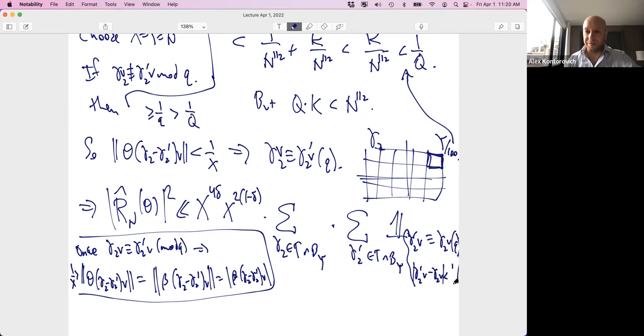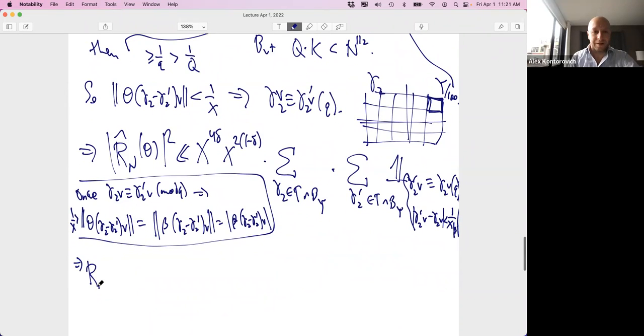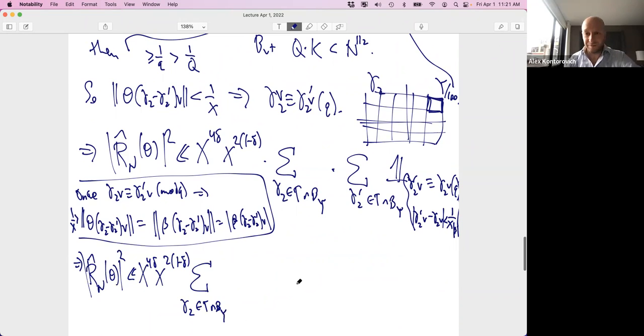1 over x times beta. Sorry, that's hard to read. Let me rewrite it again here. R n hat theta squared is bounded by x to the 4 delta, x to the 2, 1 minus delta. We're going to fix the value of gamma 2 for a fixed gamma 2. And then I have this condition on gamma 2 prime. Really, it's a condition on gamma 2 prime v. And now I'm going to do one more replacement of gamma 2 prime v by, let's call it z, z in Z2.